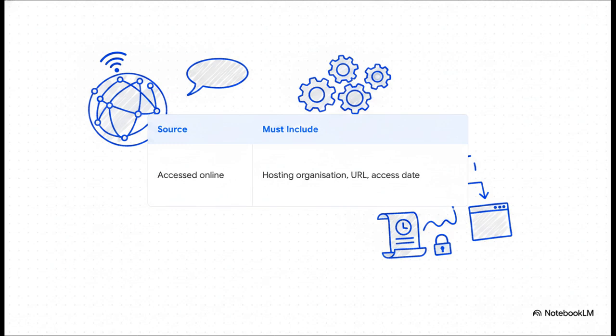This is absolutely critical because the digital landscape is constantly shifting. A speech hosted on an organization's website today might be totally moved or archived tomorrow. By providing the hosting organization and the exact URL, alongside the date you personally accessed it, you're proving to your reader exactly where this digital artifact lived at the exact moment you used it for your research.